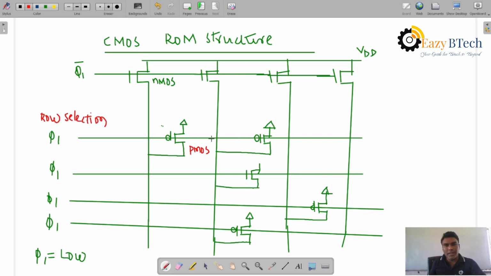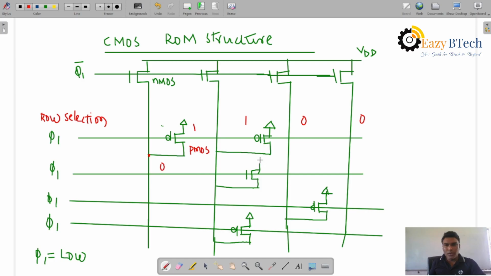When row selection is done, the gate terminal is on, so VDD is connected to 1 and passes through this one. It stores 1 bit data. When the transistor is present here, it will be 1. This is 1 and this is 1, and this is 0 and this is 0. Otherwise, it will be 0.